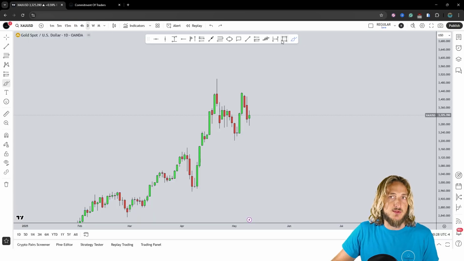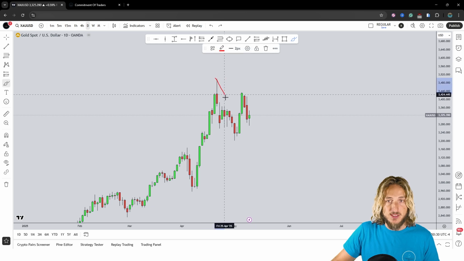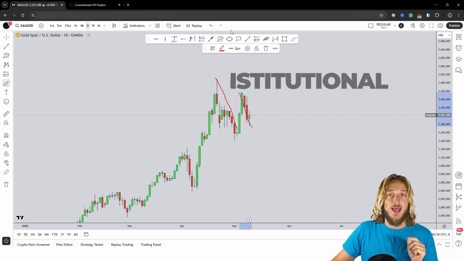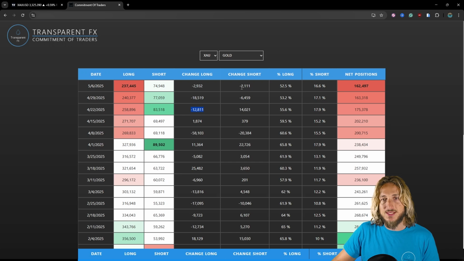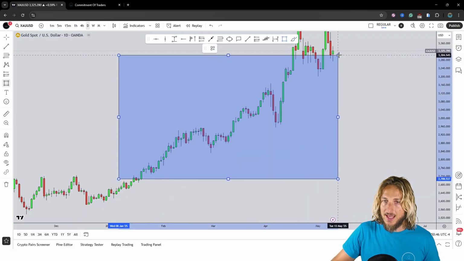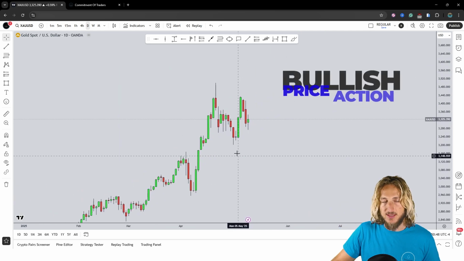It comes as no surprise that given this institutional shorting and closing of longs, the market has been quite weak. However, institutions have now started closing the shorts that they had added. They haven't yet started opening longs, so they're still taking profits on the huge longs that they had throughout all this move to the upside.